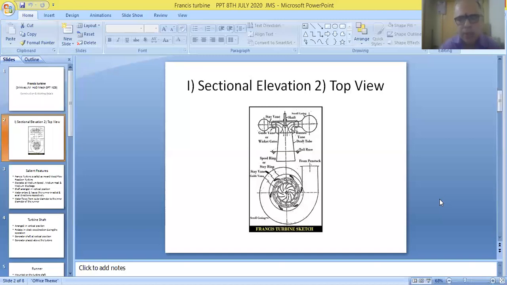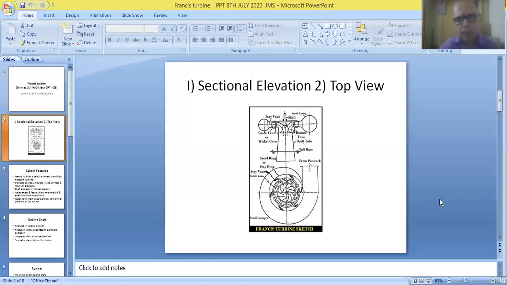So this is the general arrangement of Francis turbine. Now, in the top view, all the elements will be appearing in the form of circles. So top view is used for explaining the various components of Francis turbine.